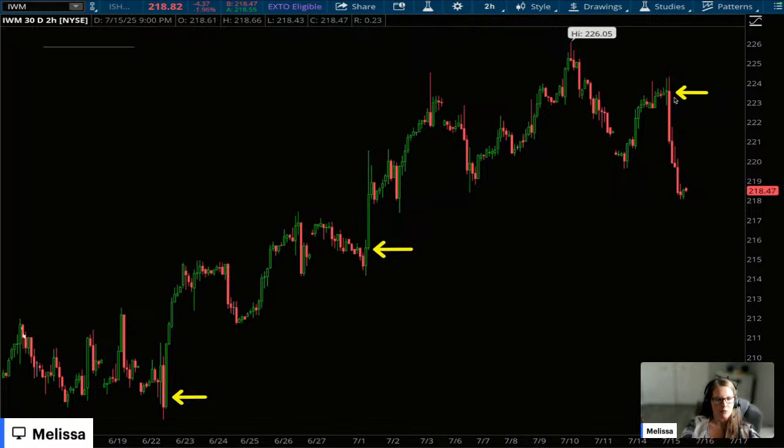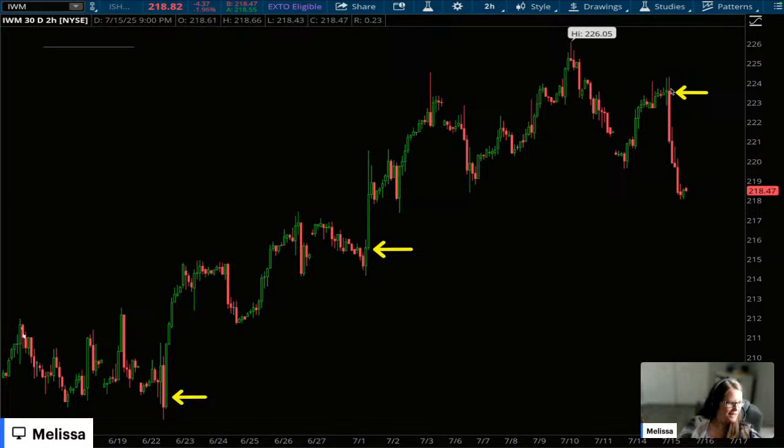The red imbalance candle here represents a sharp move to the downside, creating an imbalance up here where there are sell orders waiting to be filled.